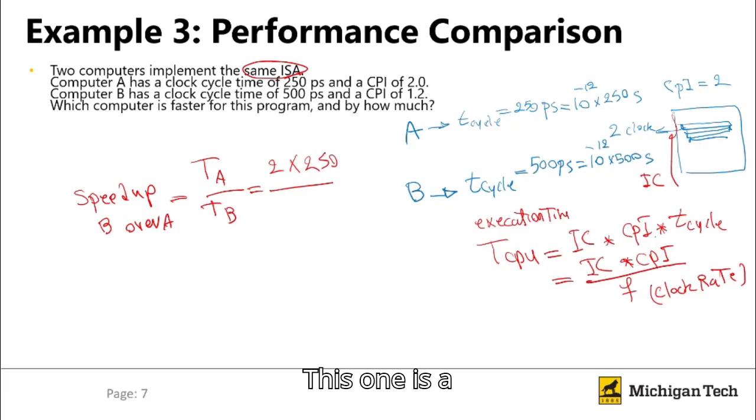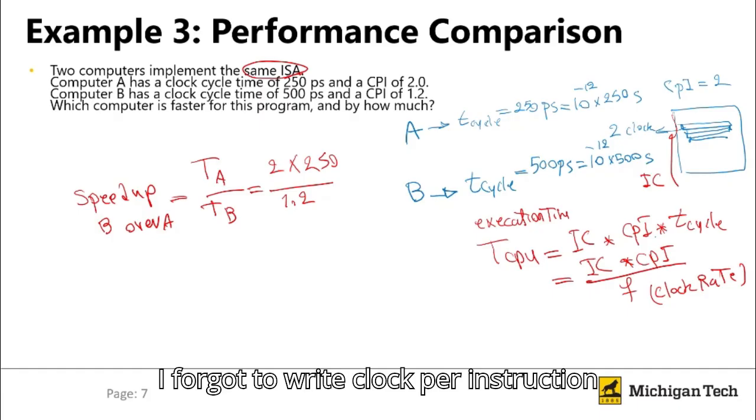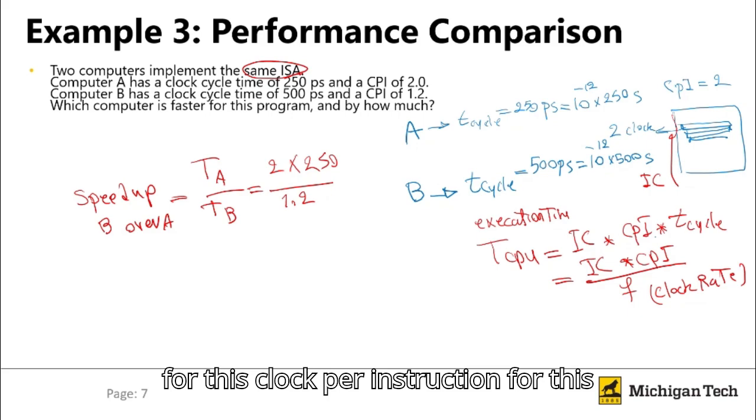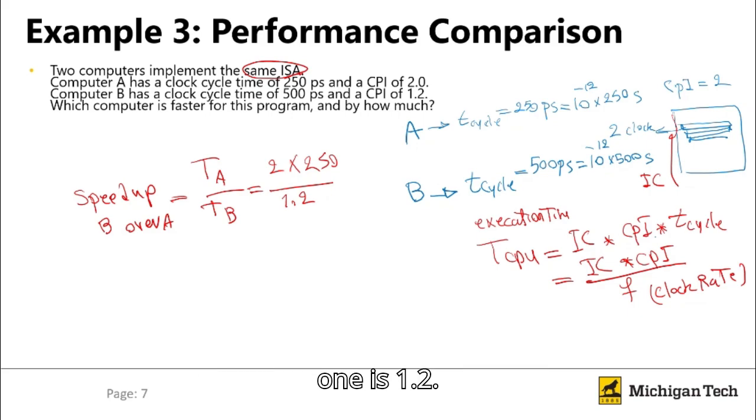This one is 1.2. Oh, I forgot to write clock per instruction for this. Clock per instruction for this one is 1.2. Okay, maybe I clean this up.